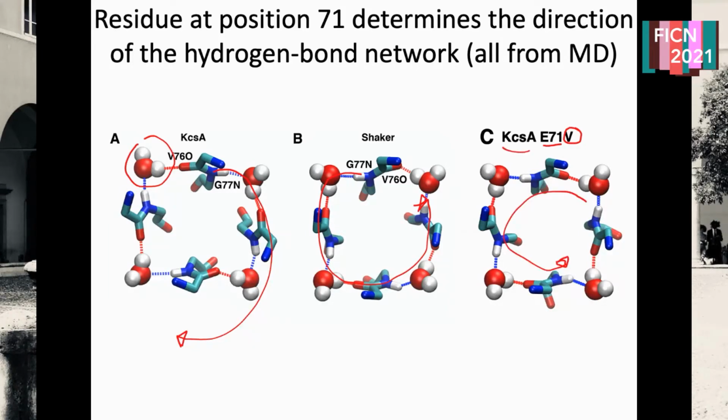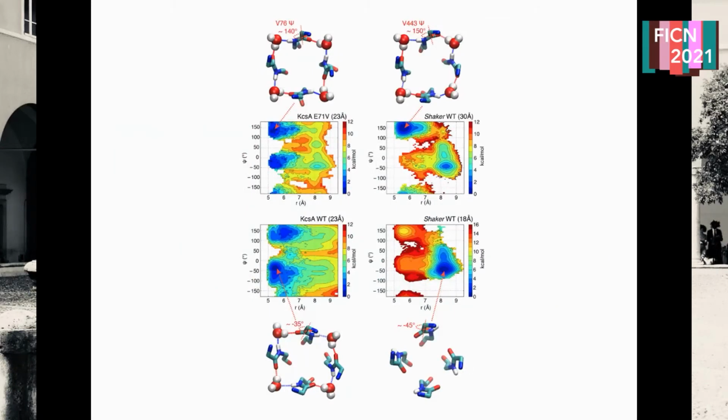So this is a fascinating thing, and I want to go quickly here, but you can look at the handedness of this thing, whether you go one way or the other, and this is the dihedral of the handedness. And in KcsA wild type, this well is a little deeper than this, but the other handedness is accessible. Of course, in Shaker wild type at 18 angstrom, you're only conductive, and these two states are super high energy, but the other handedness would still be more accessible.